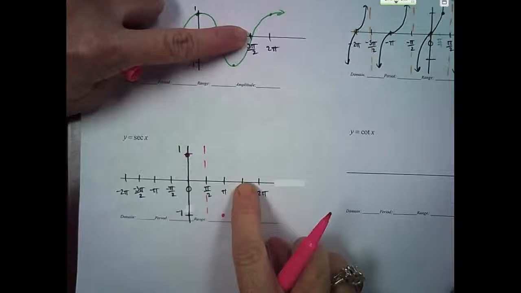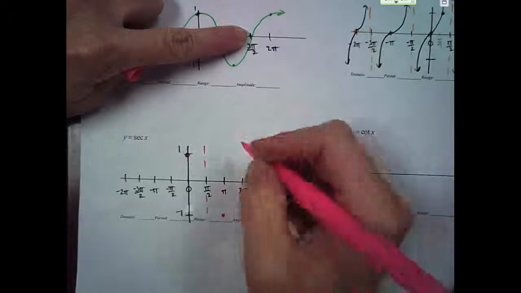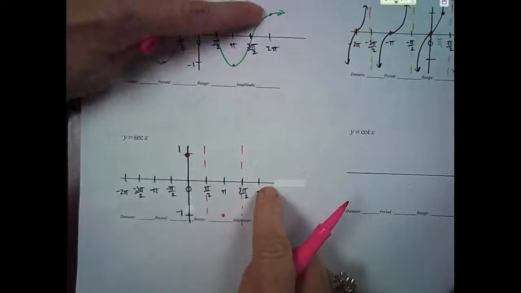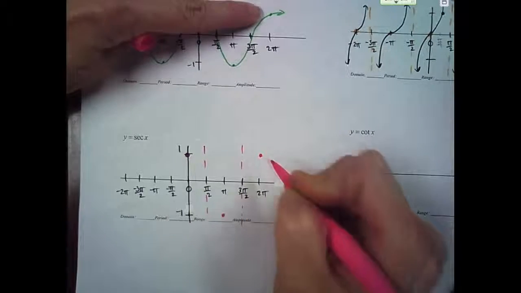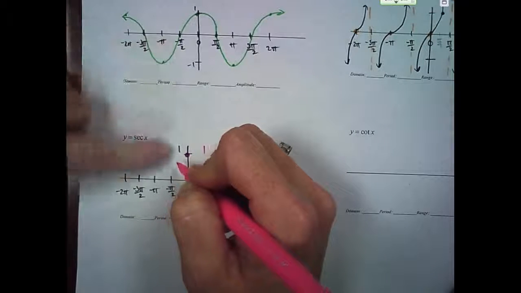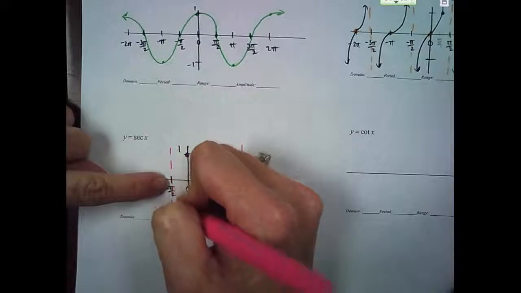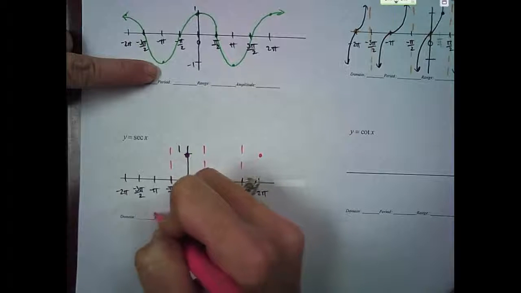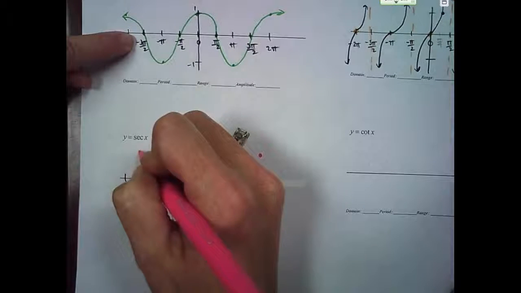So what's the reciprocal of 0? Undefined. And at 2 pi, I'm at 1, so I stay at 1. This graph is looking a little bit like the last graph. Kind of strange. Go the other way. I'm at 0 at negative pi over 2, so I'm going to be undefined. At negative pi, I'm at negative 1, I stay negative 1. And so forth. Finish your graph, please.